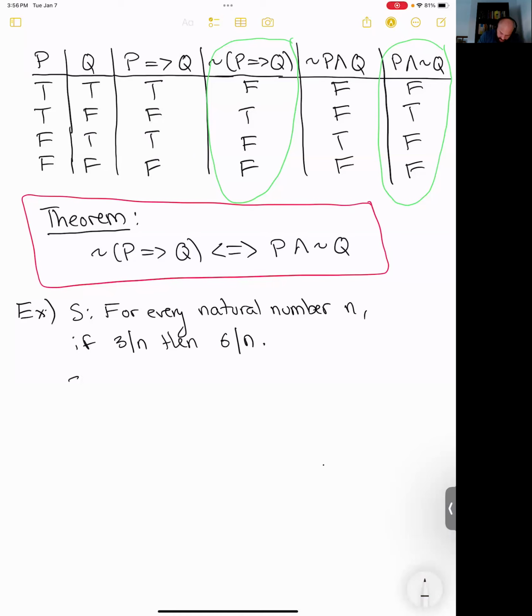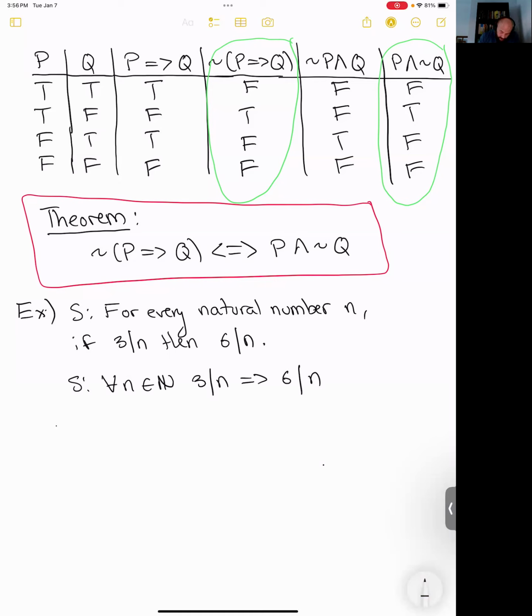Okay, so we can rewrite S in quantified form. So for all n in the natural numbers, 3 divides n implies that 6 divides n. By the way, this is false, right? Because 3 divides 9, but 6 doesn't divide 9, right? Okay, but we're just playing with the logic here.